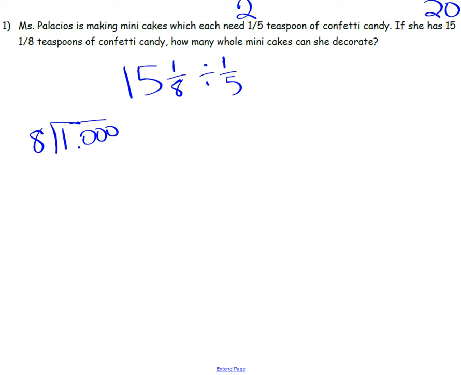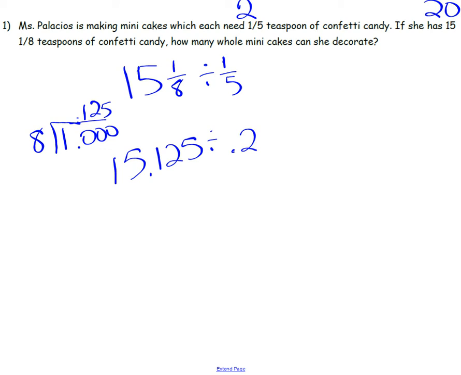That gives 0.125, which means 15 1/8 is 15.125, divided by 1/5. I would really hope we knew what 1/5 was as a decimal. That's just 0.2.